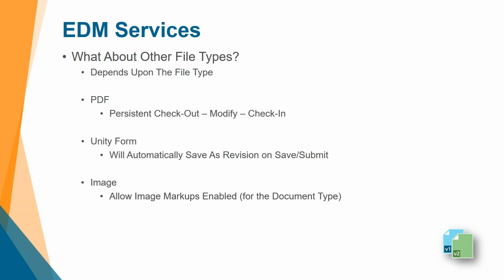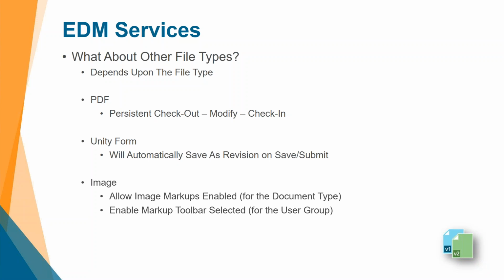Well, when we enable that EDM Services on an image document type, that allows us the ability to go ahead and add image markups to this document. And that is an additional configuration item that needs to be set up for that particular document type. And just so that you're aware, for the user groups and the users that belong to that group, there is a security configuration called Enable Markup Tool.